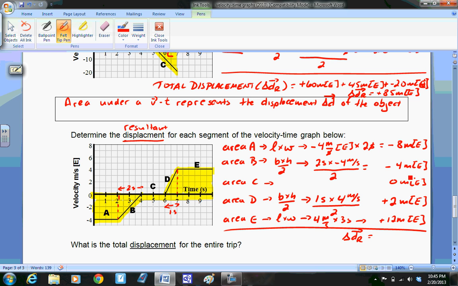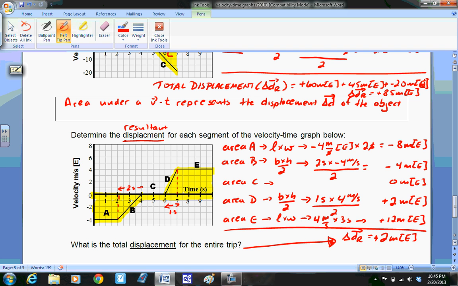And you take away the 8, you should end up with an overall 2 meters east displacement. Positive, and that's it. So my displacement for the entire trip, this resultant displacement, would be the sum of all of these, 2 meters to the east. You can see here the positive area is a little bit larger than the negative area. That's what accounts for this positive value down here.